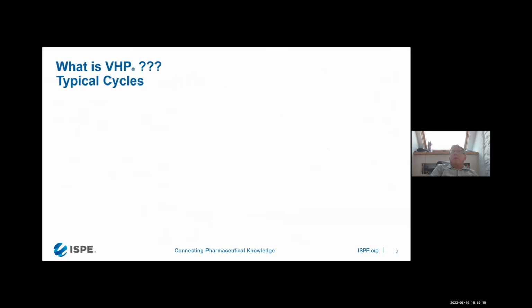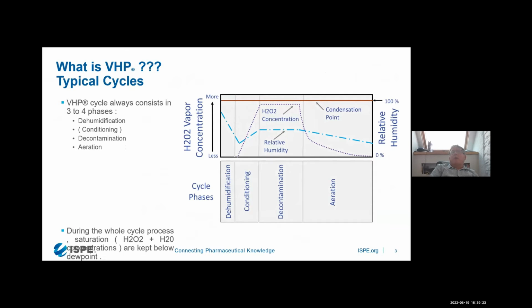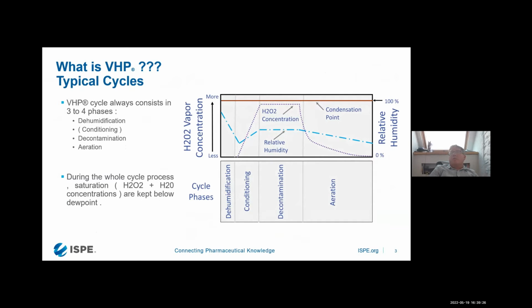This technology is used with a typical cycle, and they are always the same, whatever the application. It can be rooms again or isolators. We will have 3 to 4 phases, where the first is dehumidification. We are verifying that we always start from the same humidity point.